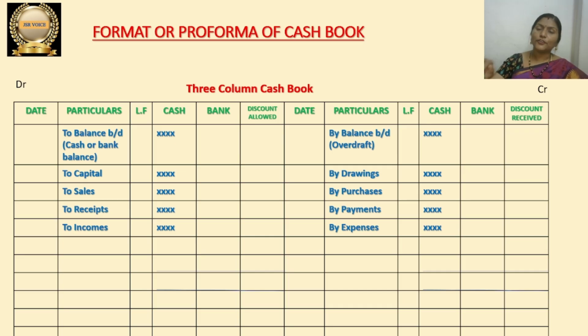So in case of drawings, cash is going out of the business. Owner is taking the cash from the business. So what is happening to cash? Think from the side of the business, cash is going out. So if cash goes out, we should record that transaction on credit side of the cash book. That is why drawings I recorded on the credit side. Hope this is clear for everyone.